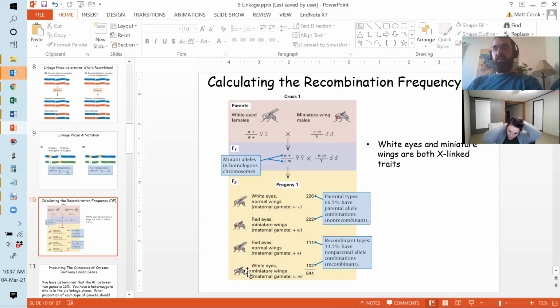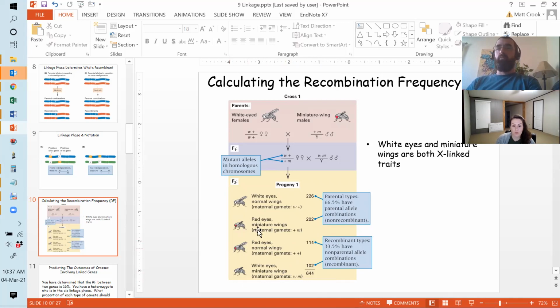These bottom 2, you know that these are recombinant for 2 reasons. One, they're present at a lower rate. That's not the most accurate way, because if genes are not linked, they can still be recombinant; you're just not going to see linkage. The other is that you have combinations of phenotypes that you do not see in the parents.